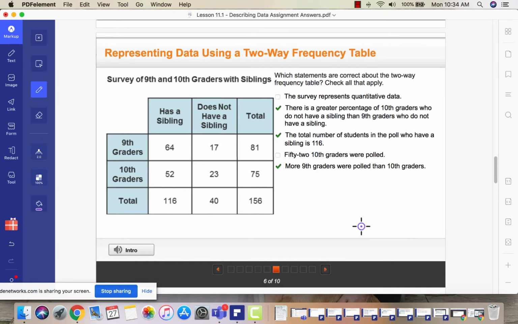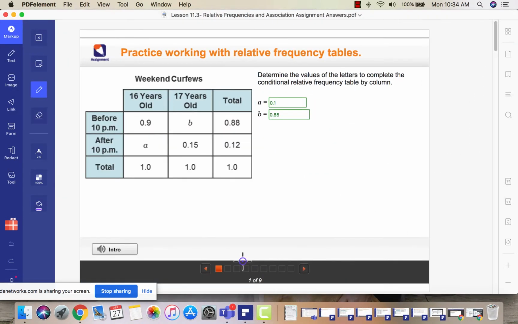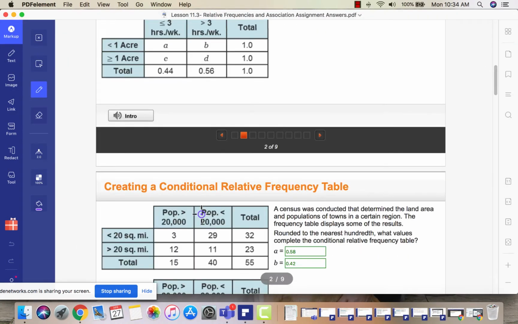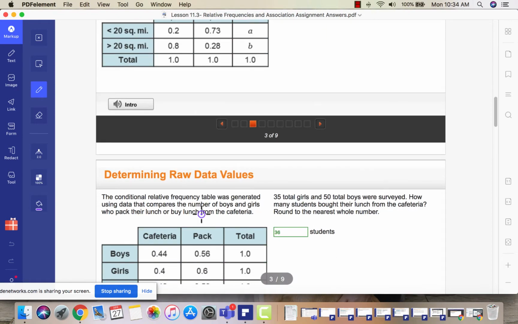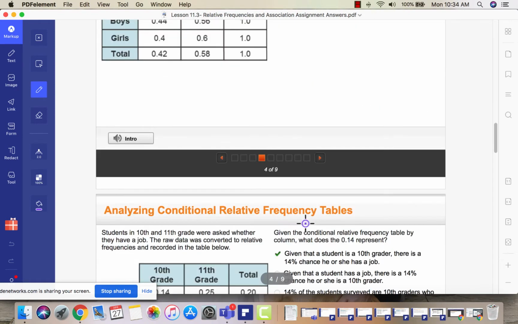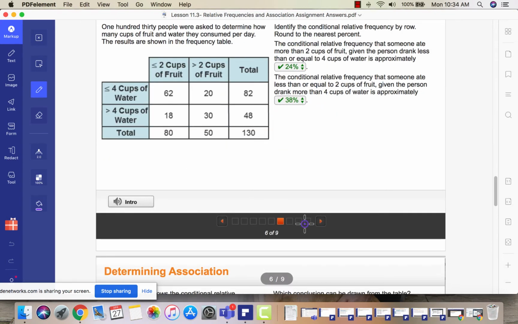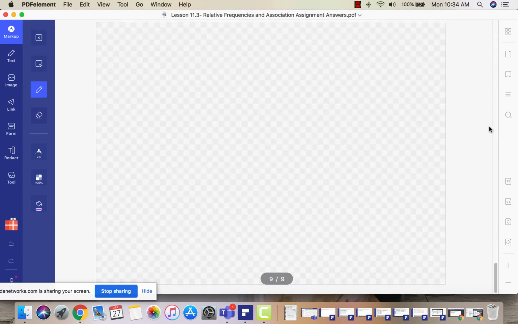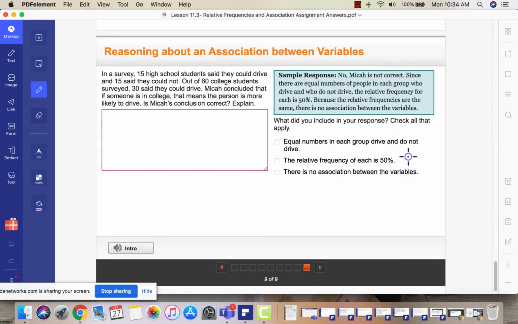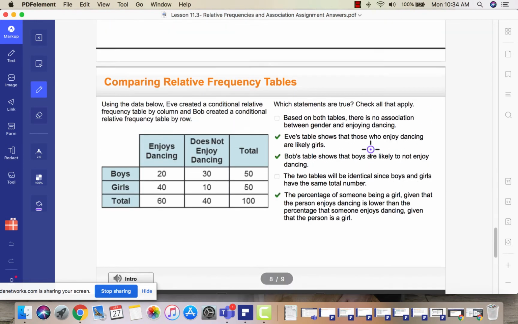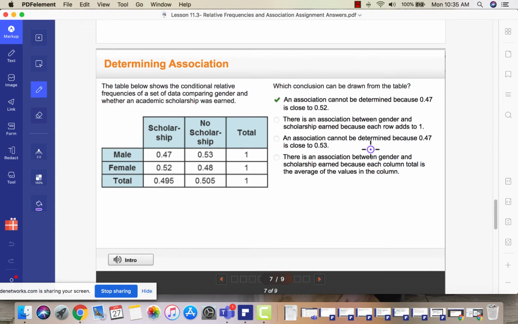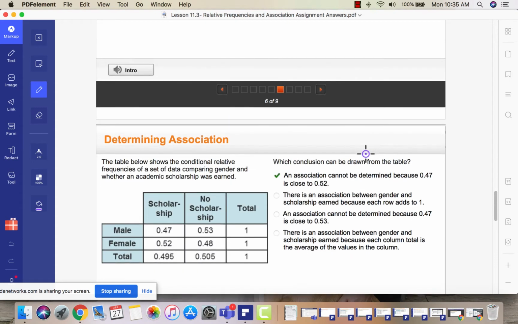Okay, assignment 11.3, question 7. This one says determine association.